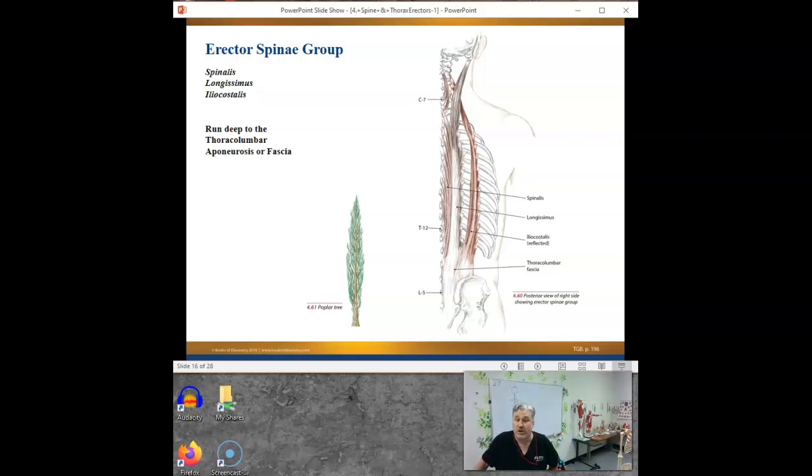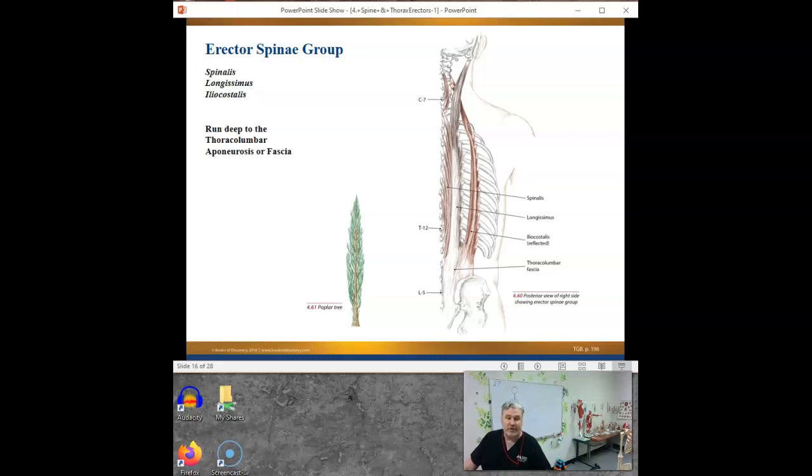SCM, sternocleidomastoid. Good job. It goes there and attaches in front. The longissimus attaches behind. That's very important, we're going to find out later. So the longissimus is our favorite back muscle because it tends to have a lot of structural importance. They all do, by the way.